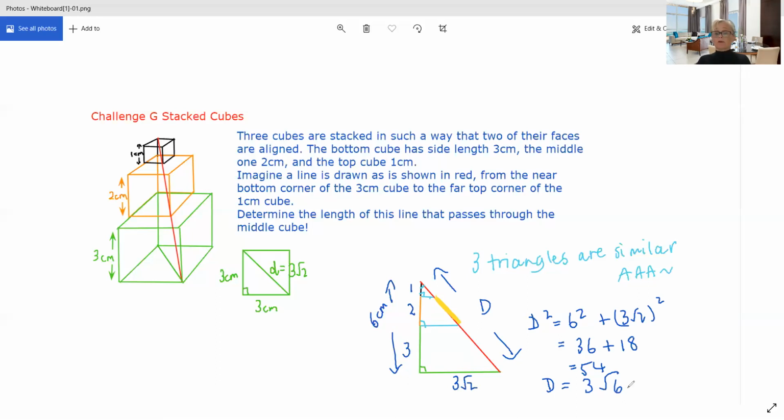So if we were to divide this 3√6 up into an x, a 2x, and a 3x, they've got to be in that ratio. That will be our total. So 6x is our 3√6, but this is actually what we want, isn't it? So we've got 6x is 3√6, and we want 2x, which is our √6 centimetres. That is our answer to our question.